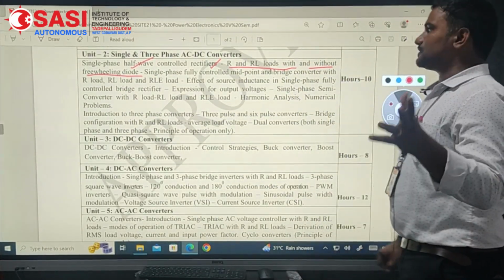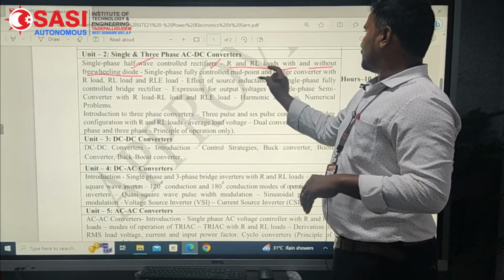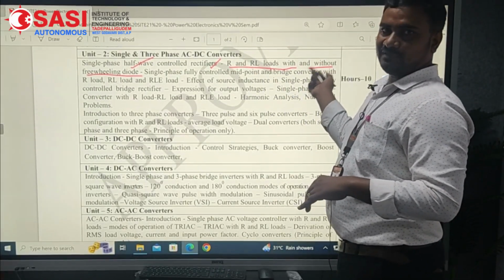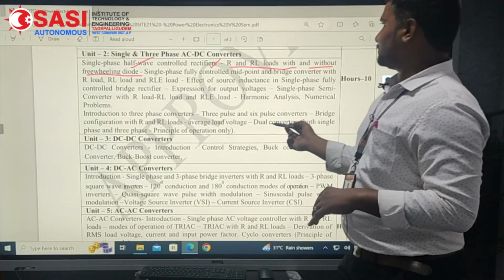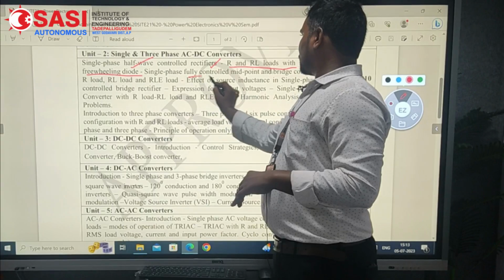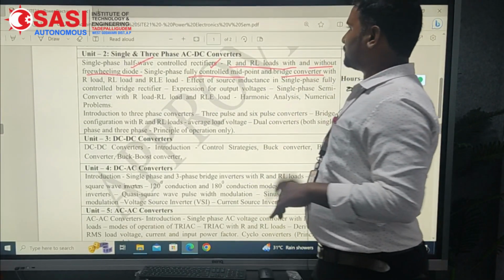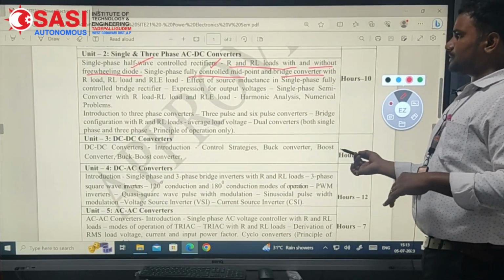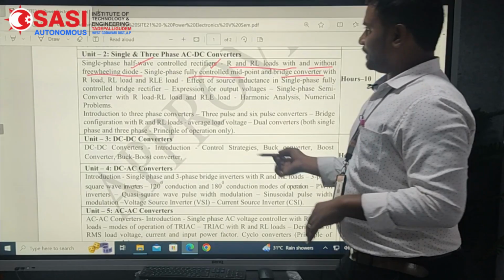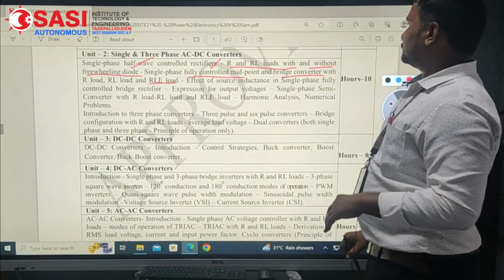What is the difference between the output voltage of R and RL loads along with the freewheeling diode concepts. Similarly, the bridge circuit with fully controlled converter with a midpoint configuration and bridge configuration, with R load and RL load along with RLE load, we are going to study in this module.